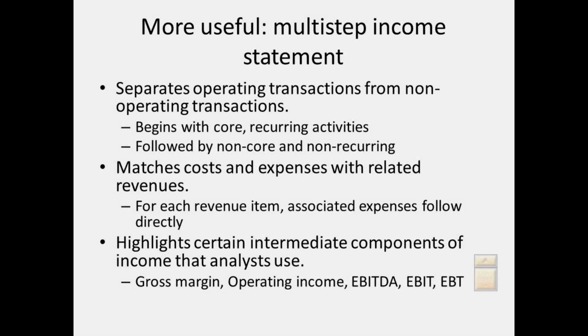Well, you tie together the costs and the revenues that are associated. The more sales we make, the higher the cost of goods sold. Yes, sales and cost of goods sold are recurring activities, but if I increase my sales, I'm going to increase my cost of goods sold. If I decrease my sales, I'm likely to decrease my cost of goods sold.